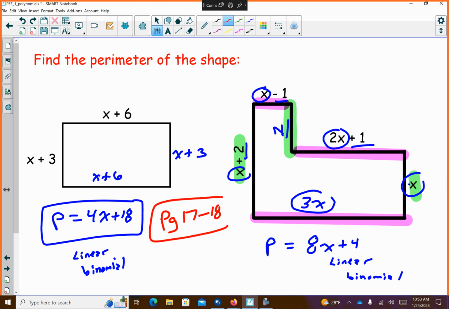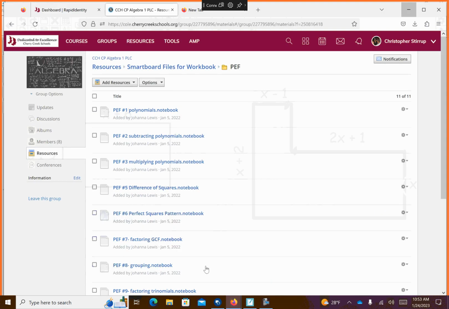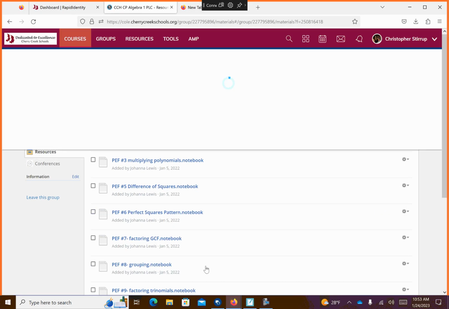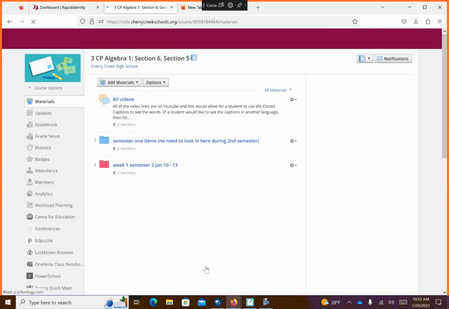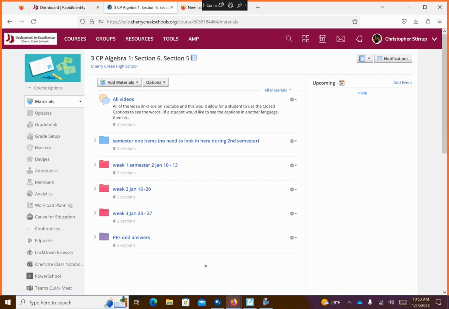Hey, friends, I would like you to work on page 17 and 18. Hey, I want to remind you of something, though. If I go to CP Algebra 1 in Schoology, you still following me? Notice that purple folder down at the bottom. It says PEF, odd answers.